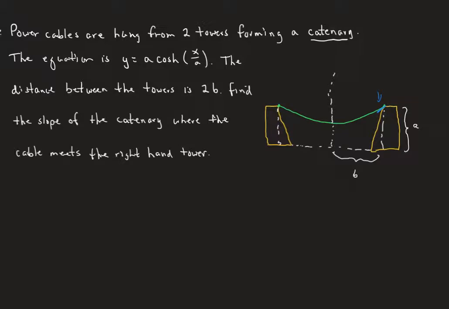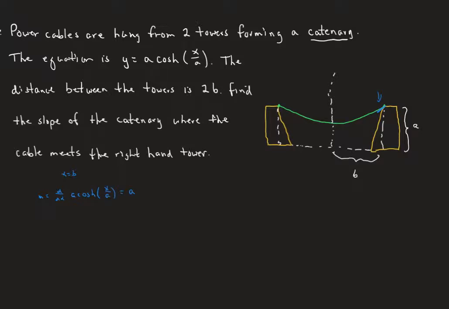So we know that slope is given by the derivative, and that the x value, according to our picture there, if we impose an xy axis there, the x value is going to be at b. So our slope is going to be the derivative of a times the hyperbolic cosine of x over a.